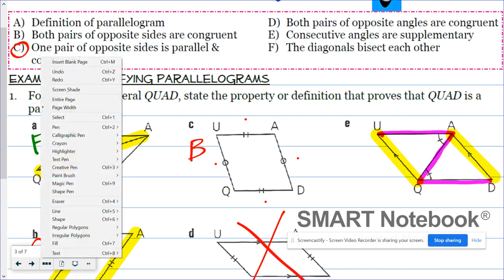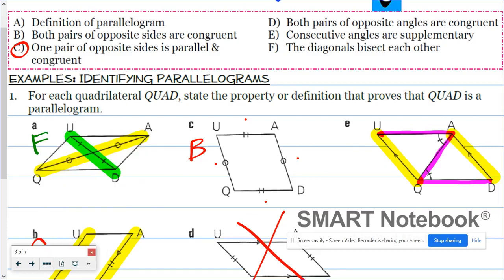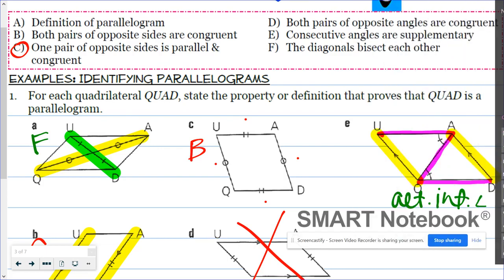If you're seeing the letter Z and thus thinking about alternate interior angles, excellent. Because angle UAQ and angle DQA are alternate interior angles that are congruent. And so what they prove is that UA is parallel to QD.